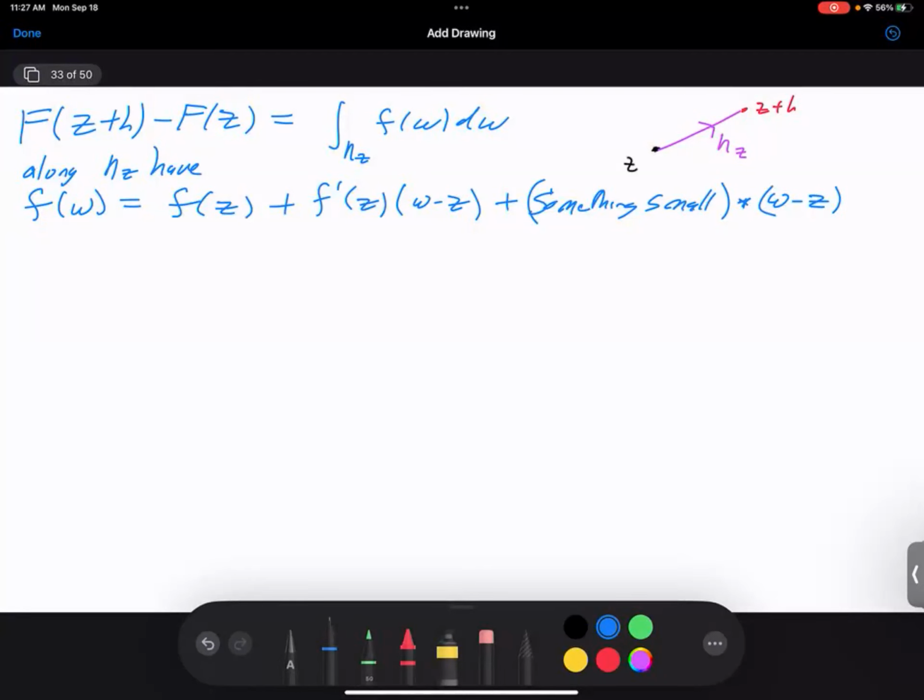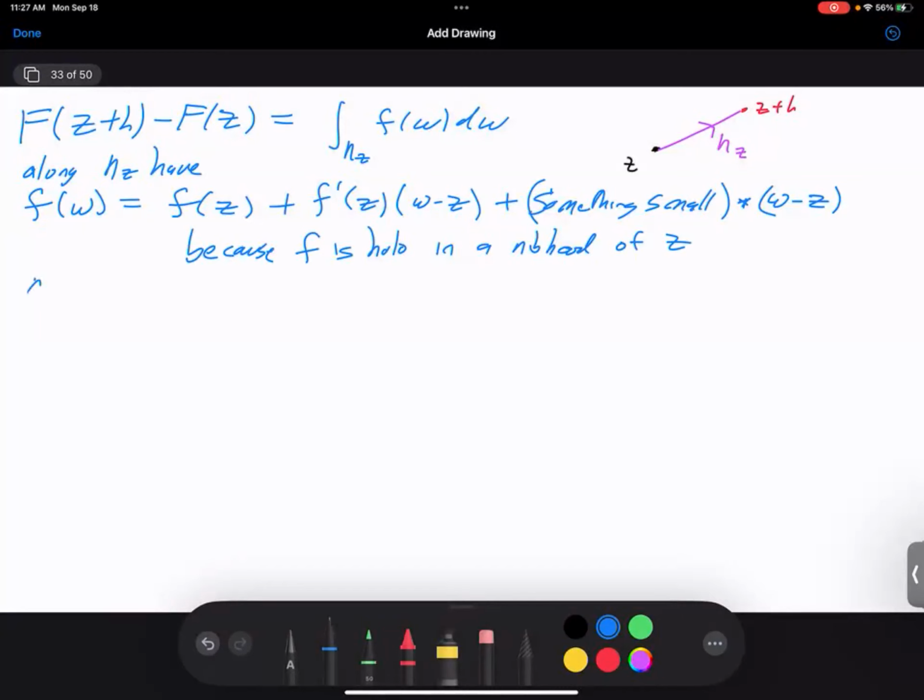So small that when I divide by w minus z, this is going to tend to 0. And this is because f is holomorphic in a neighborhood of z. It turns out we actually don't need that.